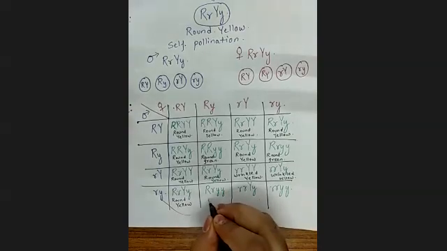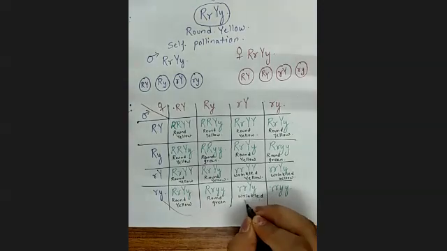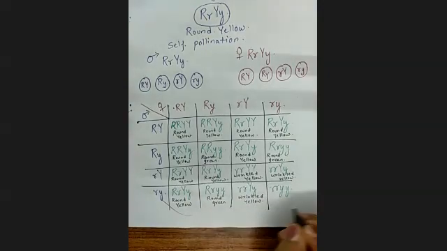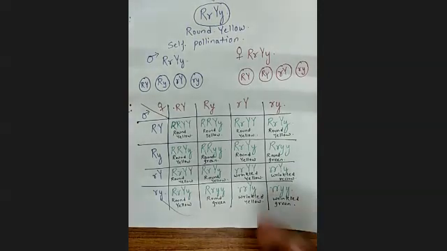Here, ma'am, round and green. Ma'am, wrinkled and yellow. Last, wrinkled and green. Very good. So have you understood?